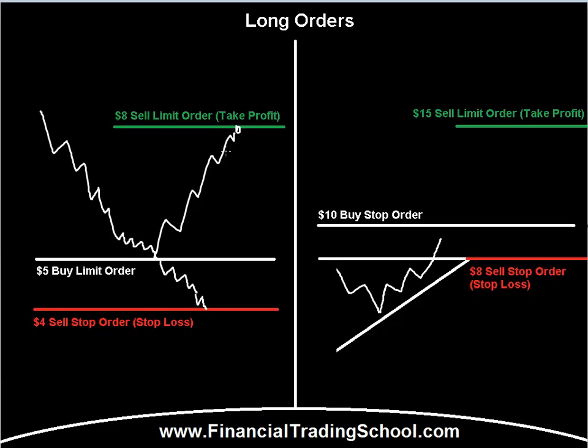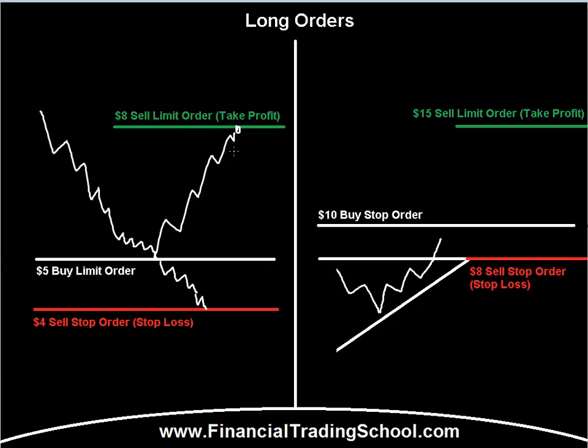So obviously this example will be elaborated further in the Forex and the stock series, etc. later on. But depending on what broker or what instrument you're trading, you may or may not have these order types. If you're trading stocks, for example, I don't believe stocks have take profit or stop loss orders.